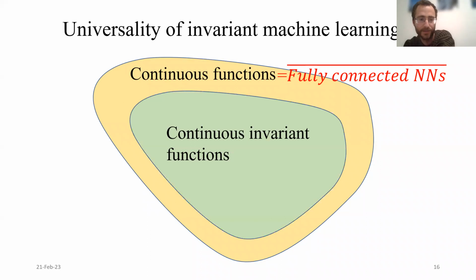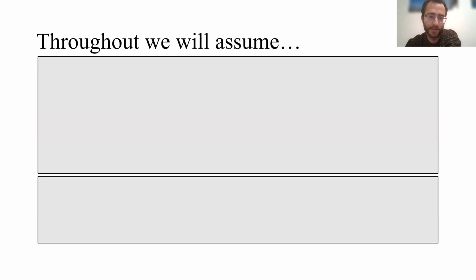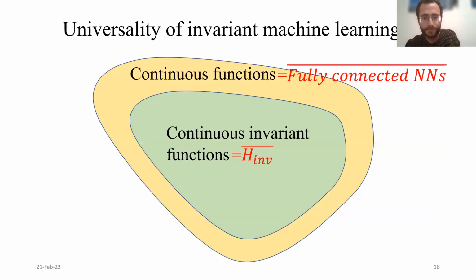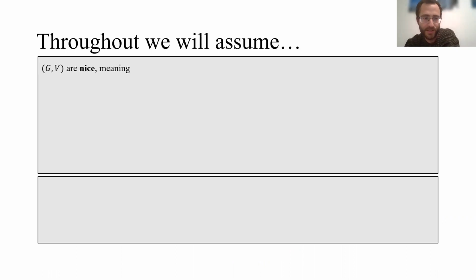Here we're talking about doing the same thing, but looking at the subspace of continuous invariant functions, and we want a hypothesis class which only contains these functions and can approximate all of them. In a way that's our goal, although we'll reduce it to a different goal. And then, a little bit of technical assumptions.